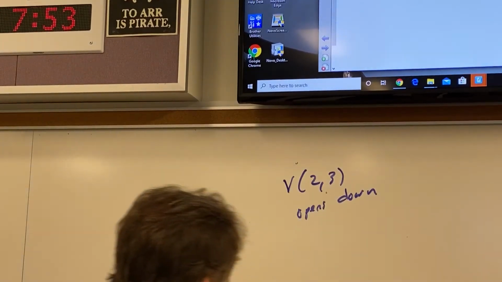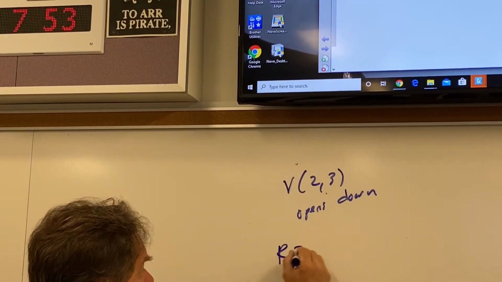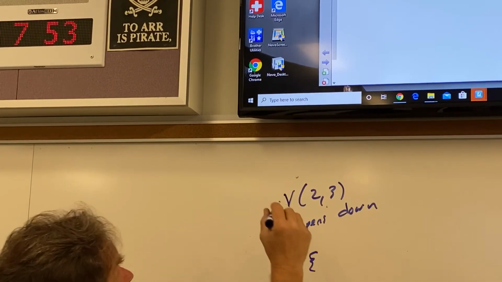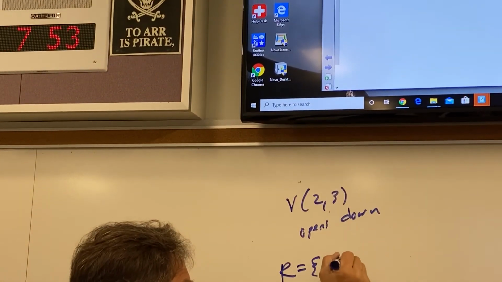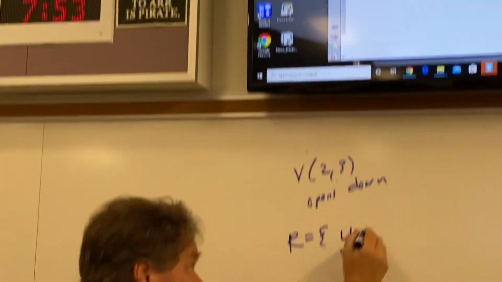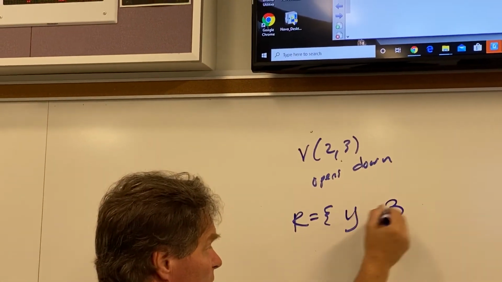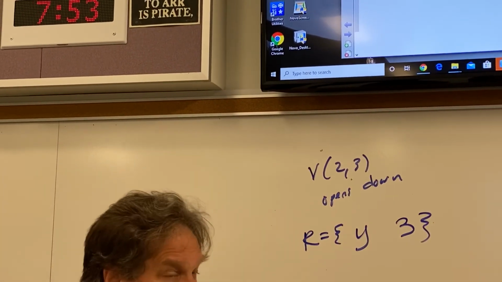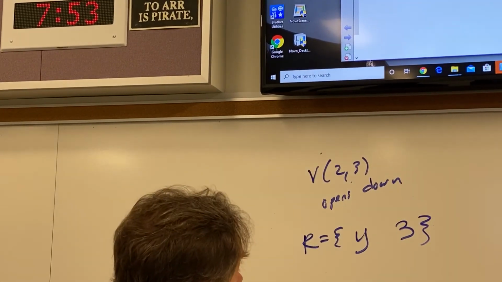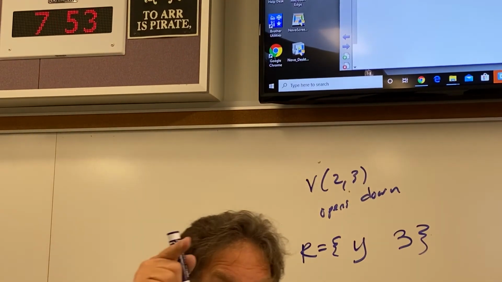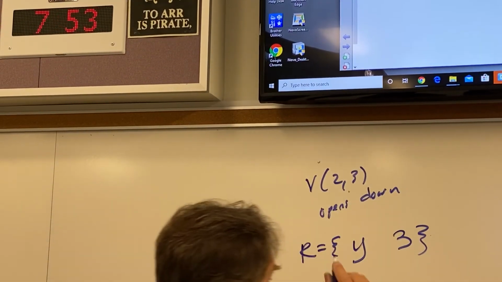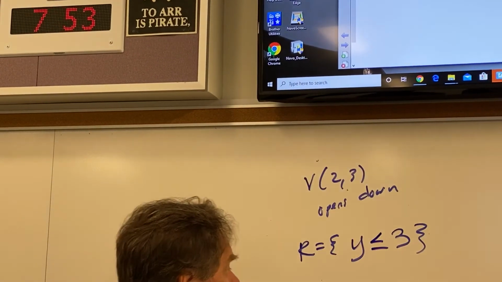All real numbers, right? What is the range? The range is going to be y is either greater than or equal to, or less than or equal to 3. I just need to know which. Well, does this thing open up or down? It opens down, making this the highest y value, meaning all the other y values are going to be less than or equal to that.